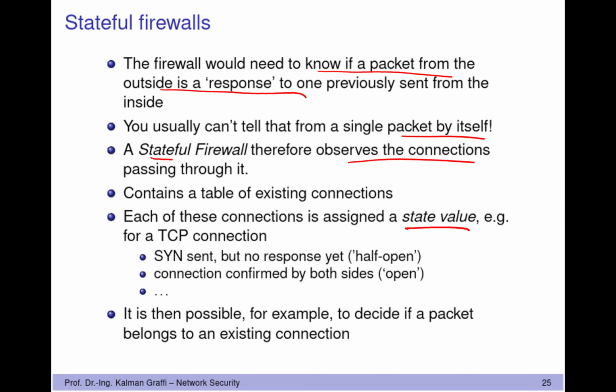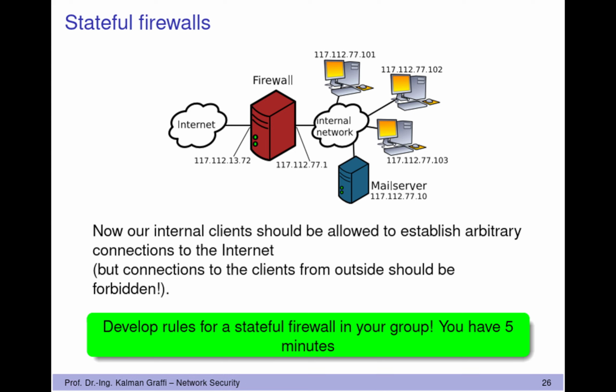Let's see how we use our information on the state here. In the same example, we again want to make sure that our mail server is only accessible from the outside, so messages should be able to come in to port 25, and messages should be allowed to go out to port 25, or to other ports.